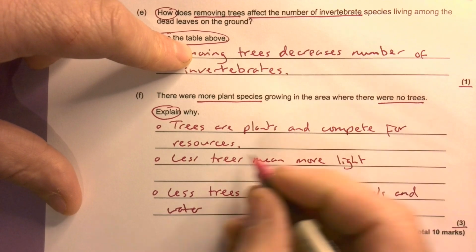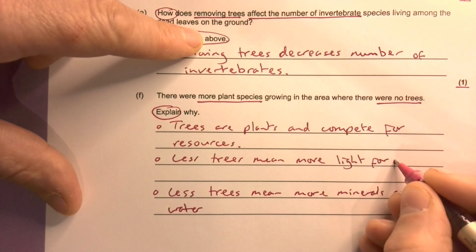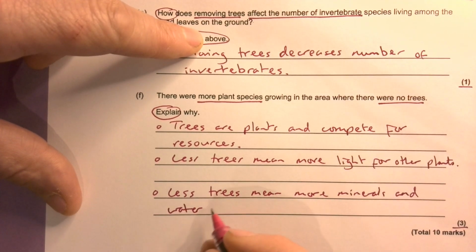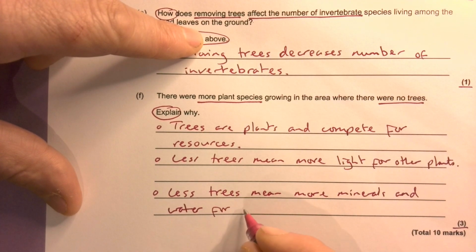So fewer trees mean more light for other plants, and more minerals and water for other plants.